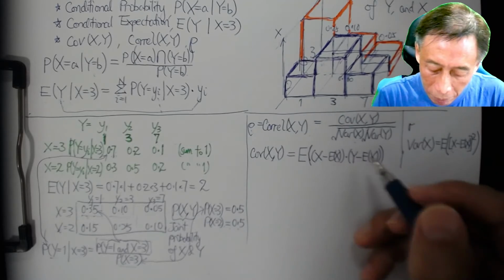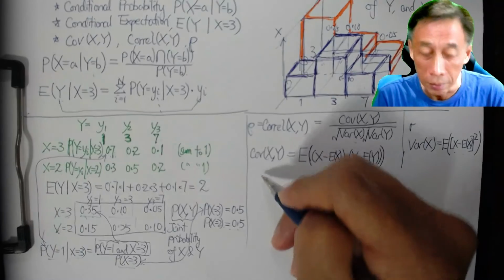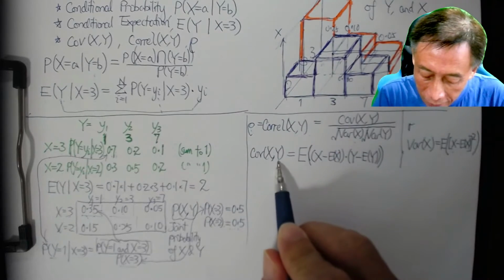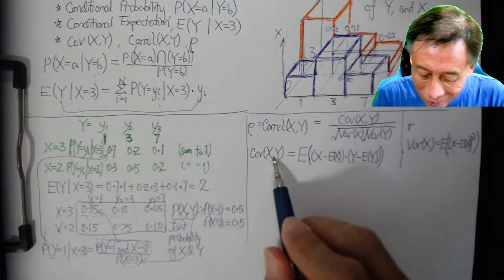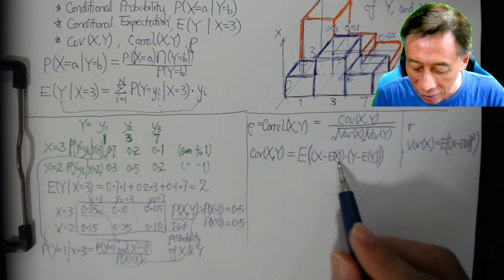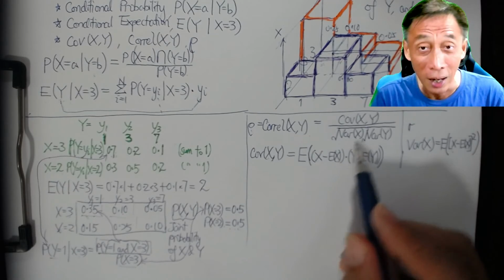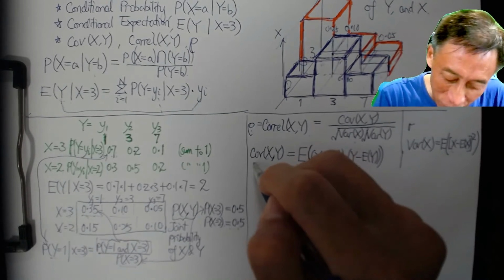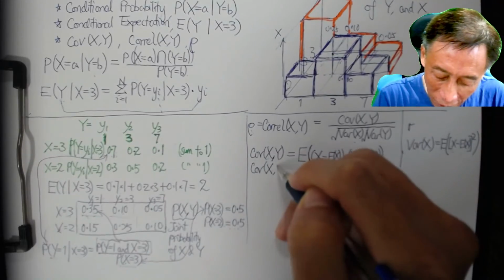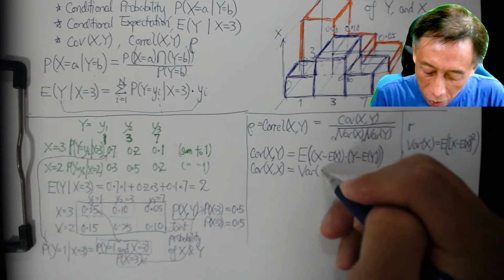But what we want to talk about more here is that covariance, if you replace the y with x, covariance of x comma x, you find that it is x minus ex, x minus ex, which means bracket x minus ex squared, which is back to variance. So it is easy to see that covariance of x and x is simply the variance of x.